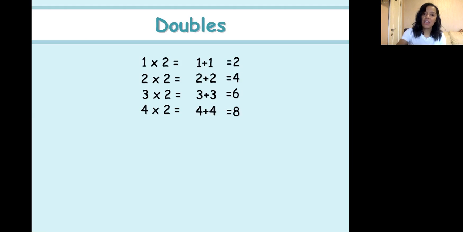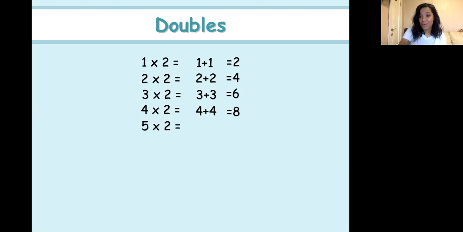So what I'm saying here is that any number times 2 is going to be doubled by itself, okay? Any number times 2 is that same number plus itself, okay?